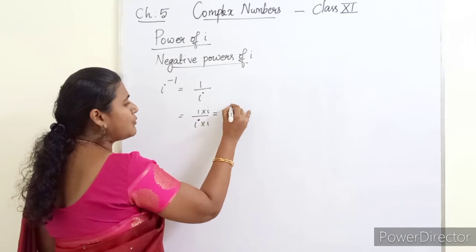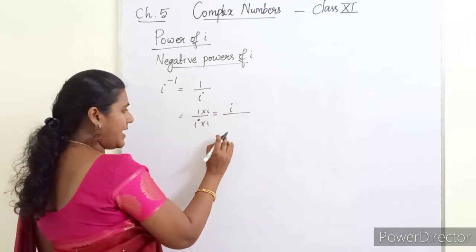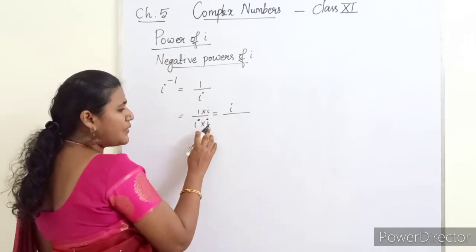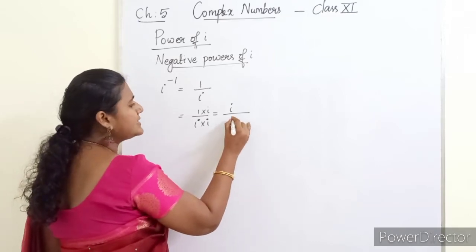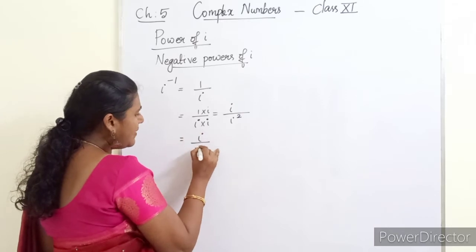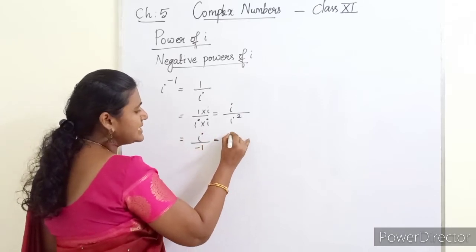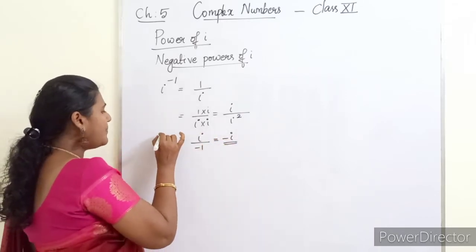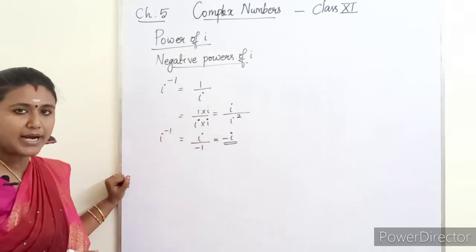So what will we get? 1 into i, in the numerator we will have i, and in the denominator we have i into i, that is i square. The i square value is minus 1, so i by minus 1, so the answer is minus i. So i power minus 1 is equal to minus i.